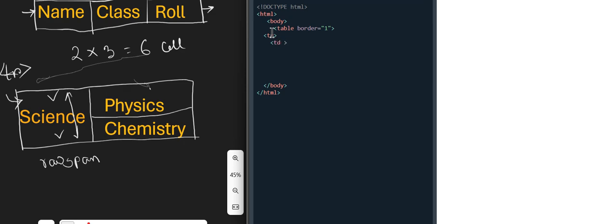Now the data is science, and the science is accommodated within two cells which merge vertically. Indeed, what are we going to use? Rowspan. How many cells? Here, two cells, right? What will be the content? Science, table data close.